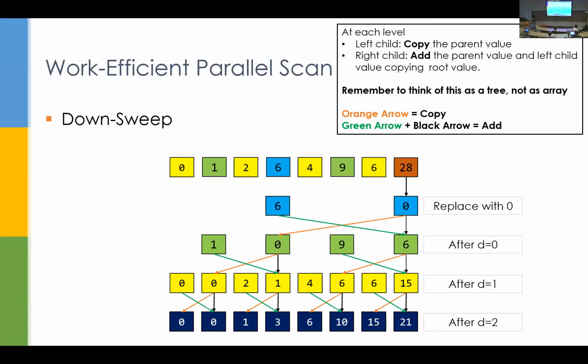Now, again, you take that tree, take element 15, copy 15 to this element, then you add 6 plus 15 equals 21. Take these two elements, 6 gets copied to here, then you add 4 plus 6 equals 10. 1 gets copied here, 2 plus 1 equals 3. And then finally, 0 and 0 doesn't make a difference, like in our example, there'd be zeros, but if you have different numbers, it'd be different.